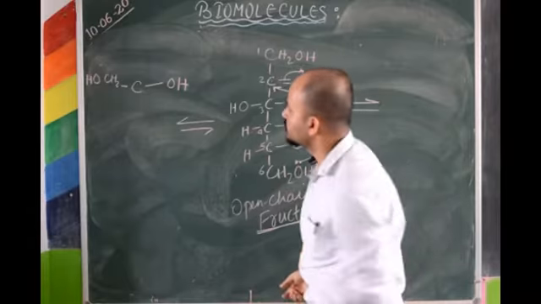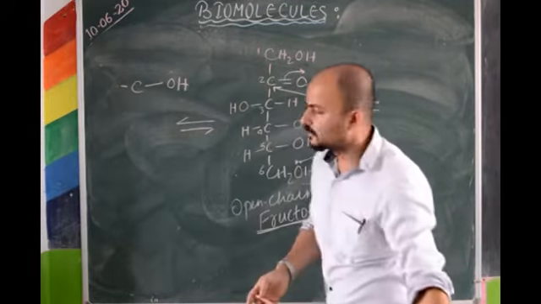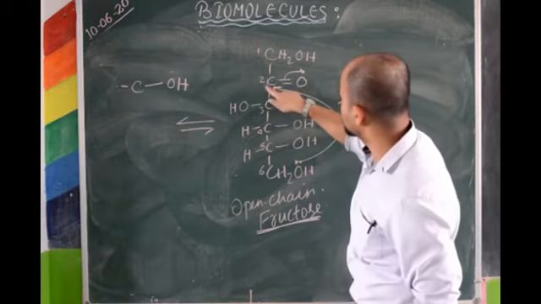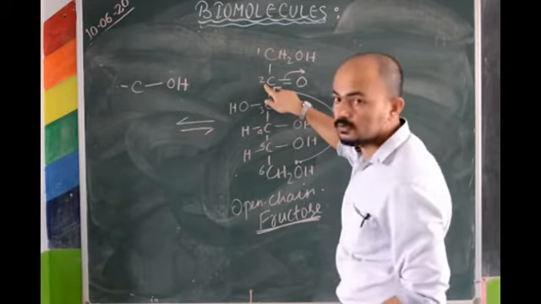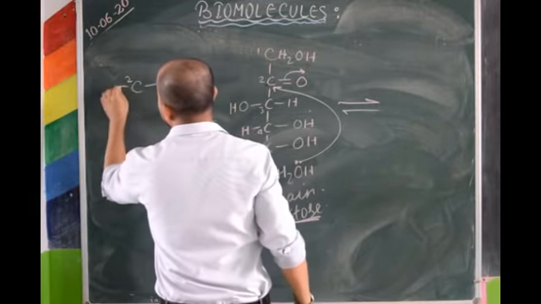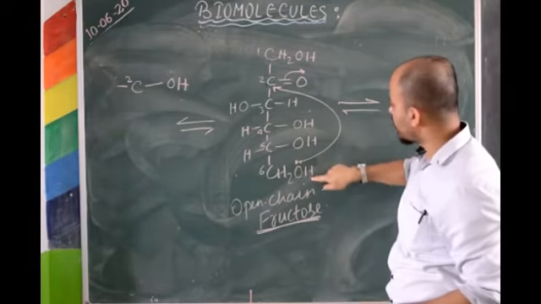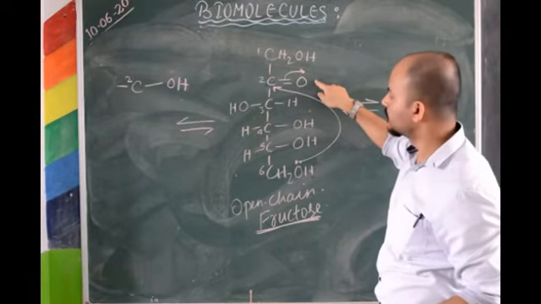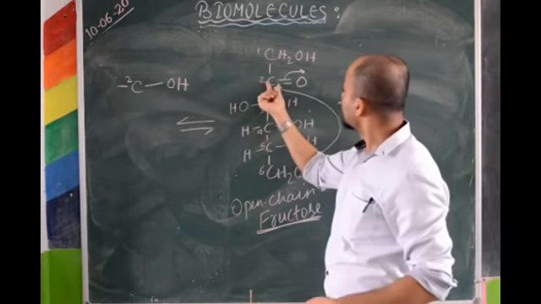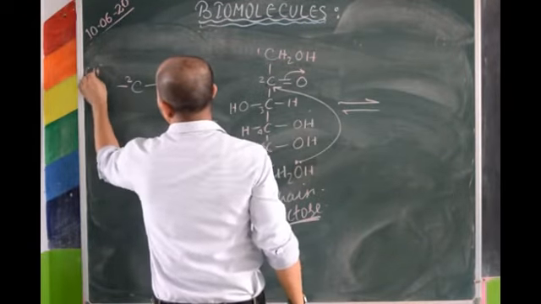In fructose, since the bond formation takes place at carbon number 2, we are starting with carbon number 2. As in the case of glucose, this H will be shifted to this oxygen, so it becomes OH. Now this carbon is attached to CH2OH.